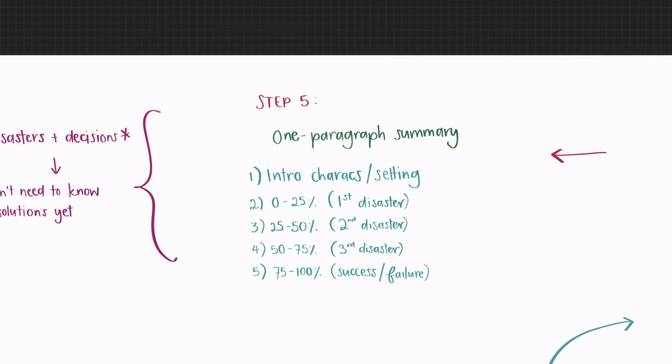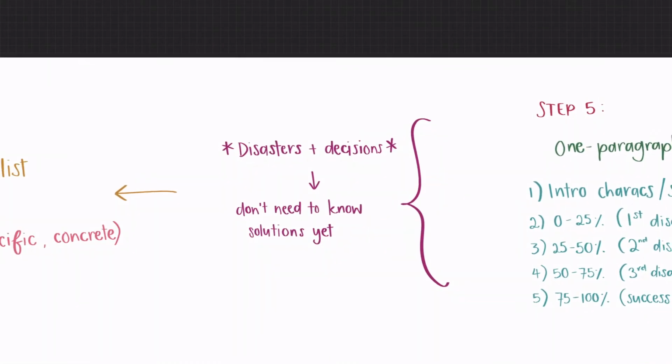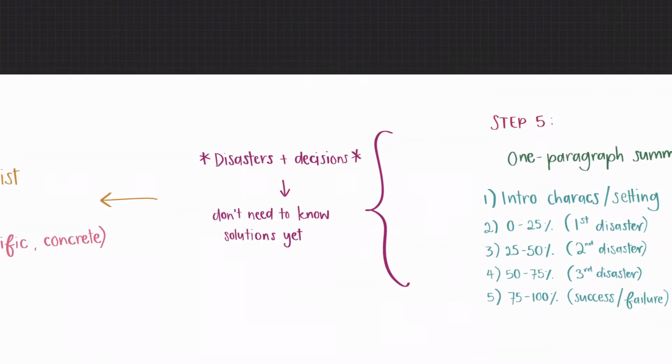The fourth sentence, third quarter, ending in the third disaster. And the fifth sentence is the final quarter of your story, which ends in the ultimate success or failure of the whole story. So Randy says that the point of this 1-paragraph summary is just to decide on what your disasters are going to be and what decisions need to happen in order to get to the next disaster at each point.